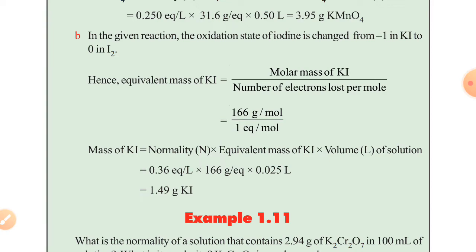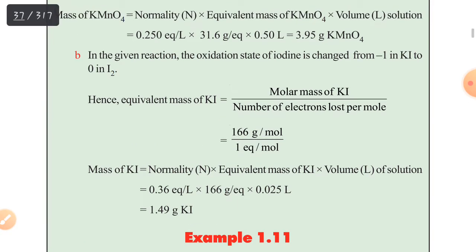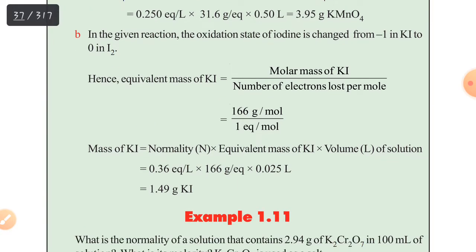So mass of potassium iodide is equal to normality, which is given as 0.36, times equivalent mass of potassium iodide, which we calculated as 166, times volume of solution, which is given also as 0.025. So when we calculate, we get 1.49 gram of potassium iodide.